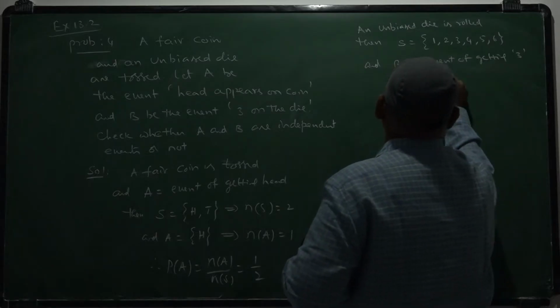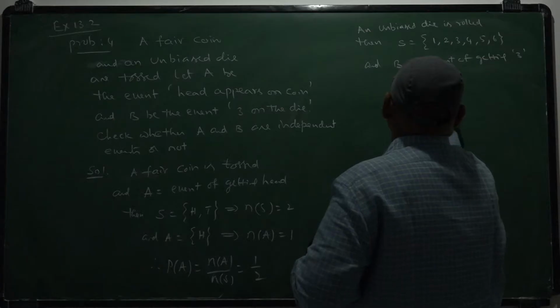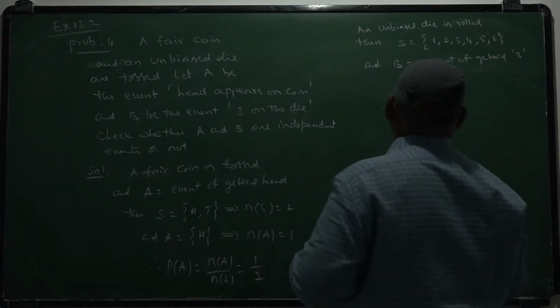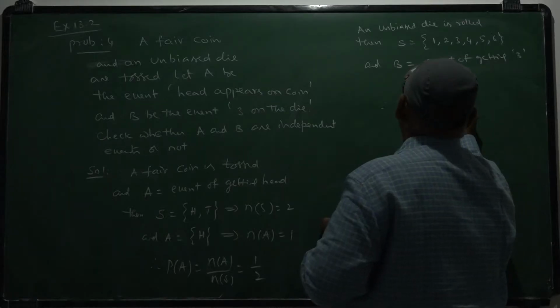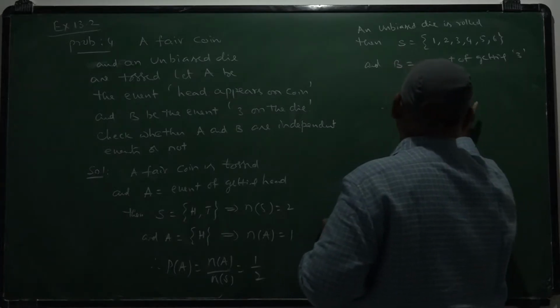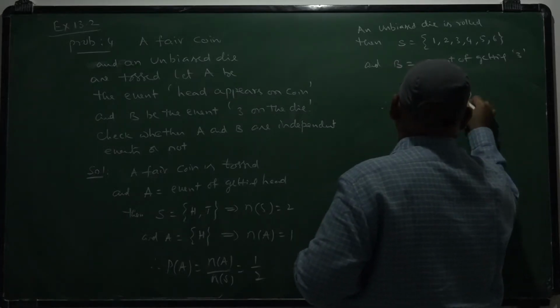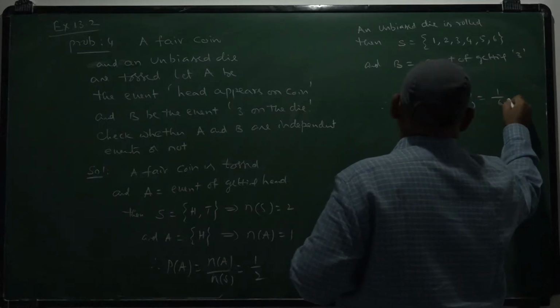So it contains only 3. So P of B is n of B by n of S, that is 1 by 6.